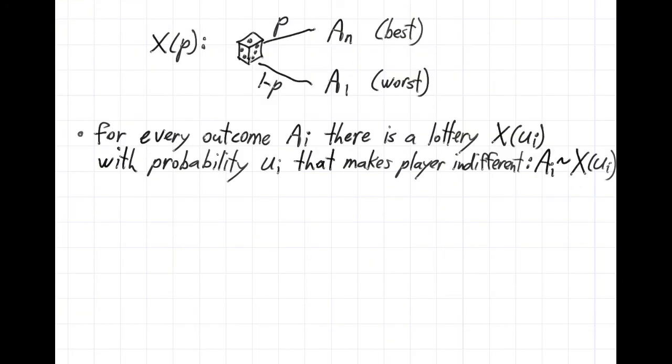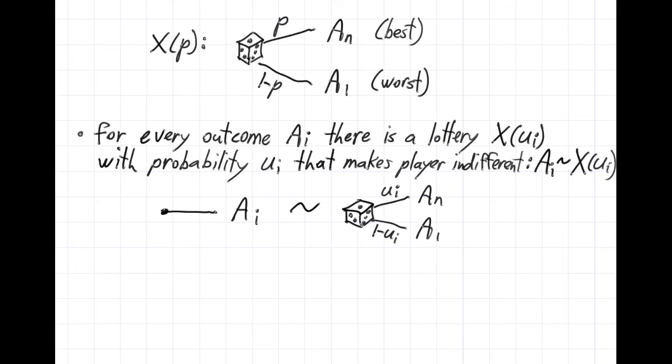On the one hand, we might have a null lottery, AI, where just drawing this straight line means that there's only one outcome. It's a sure thing, a certain outcome. Or on the other hand, there could be this lottery which pays AN with probability UI. Otherwise, with probability 1 minus UI, it pays A1.